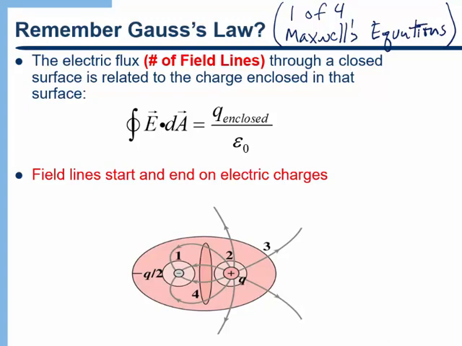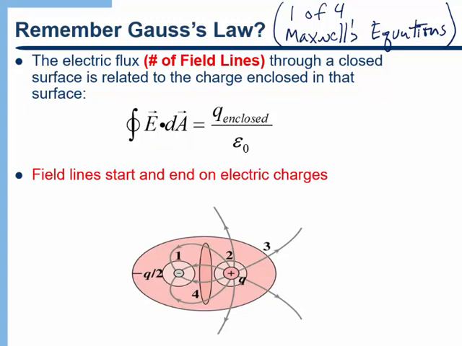So just to remind you, the left-hand side of Gauss's law is called the electric flux. And remember that it's really just the mathematical way that we describe the number of field lines leaving through a closed surface. And we've said that the number of field lines is related to the number of charges or the amount of charge enclosed.